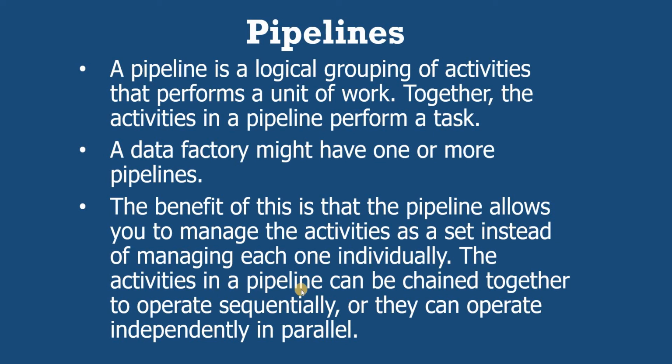The activities in a pipeline can be chained together to operate sequentially, or they can operate independently in parallel. That means the activities can perform one by one or all together.